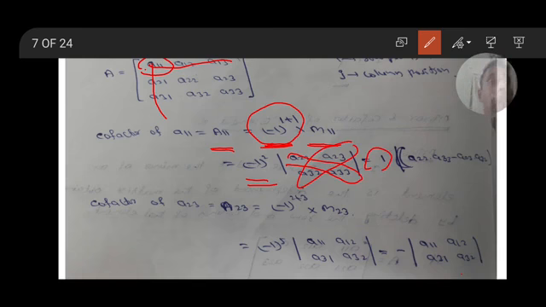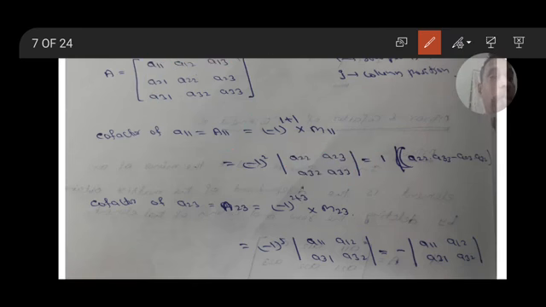Next example, the cofactor of an element a23. Capital A23 is denoted by (-1) to the power of 2 plus 3, second row, third column, into its minor. (-1) to the power of 2 plus 3 means (-1) to the power of 5. M23 means minor, we have to delete the row and column.